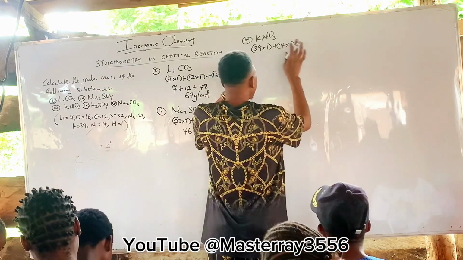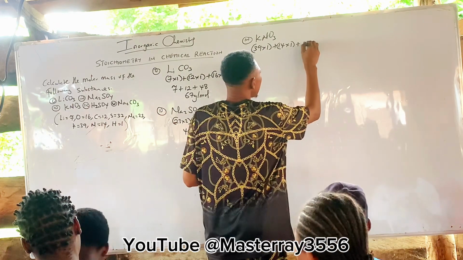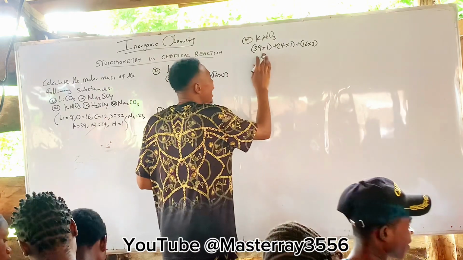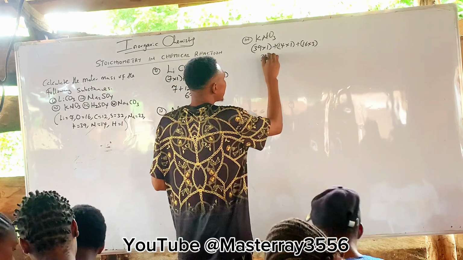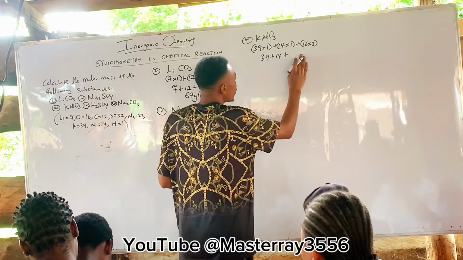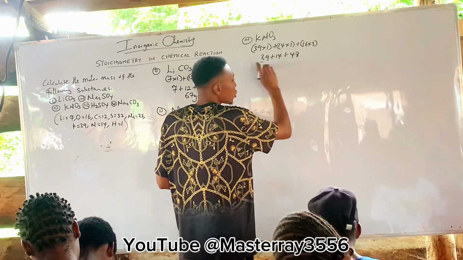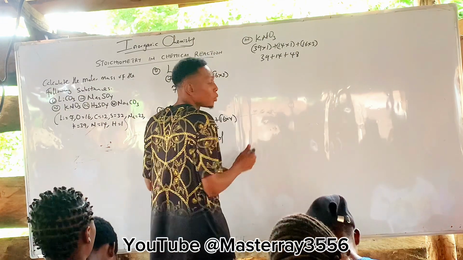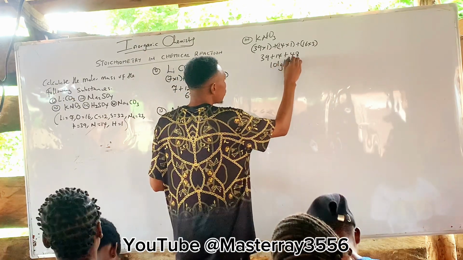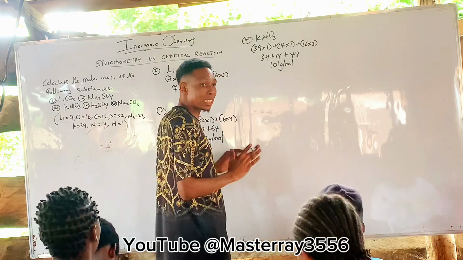Then plus oxygen is 16, times 3. So 39 times 1, 39, plus 14, plus 16 times 3, 48. So add up, what do we have? 101 gram per mole. Please hope you are getting it.